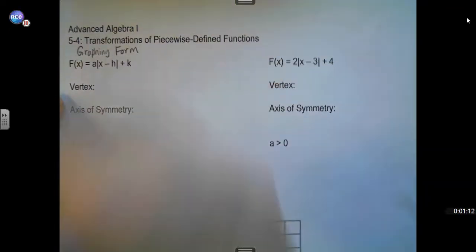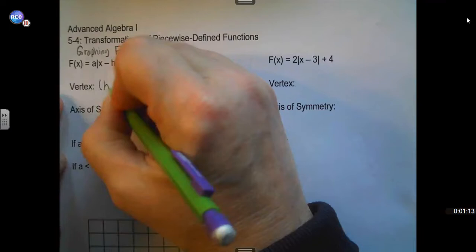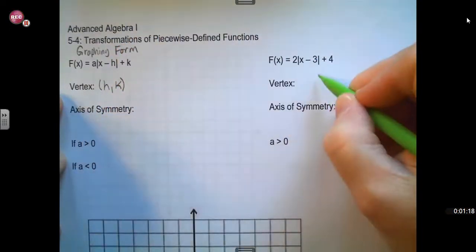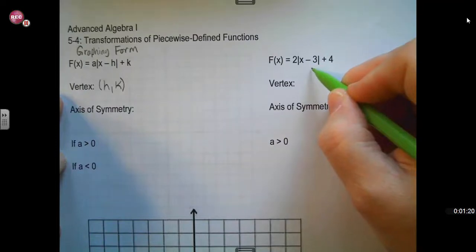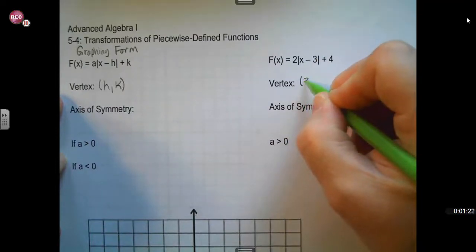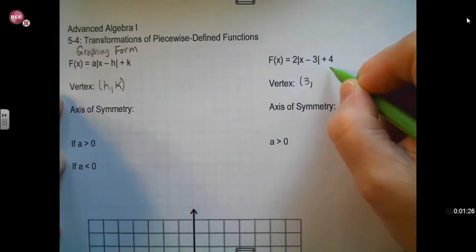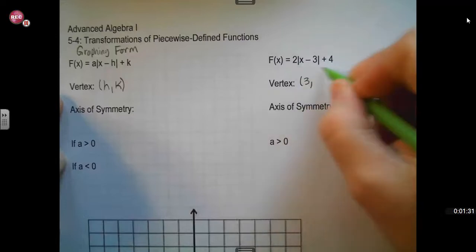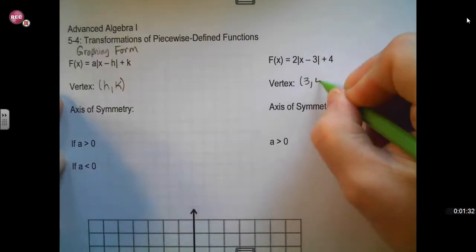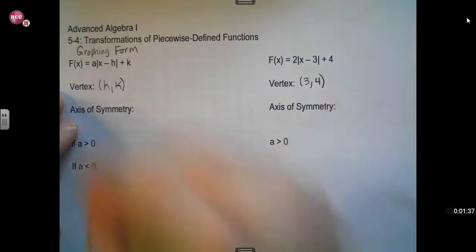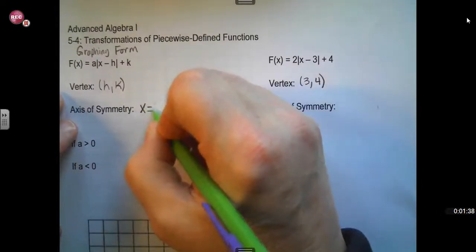The vertex is the ordered pair (h, k). So for this one, the vertex, I take the opposite of what's with the x, so it's going to be positive 3, and then I take the same sign of what's outside the absolute value. So the vertex for this one is (3, 4). The axis of symmetry is x equals h.